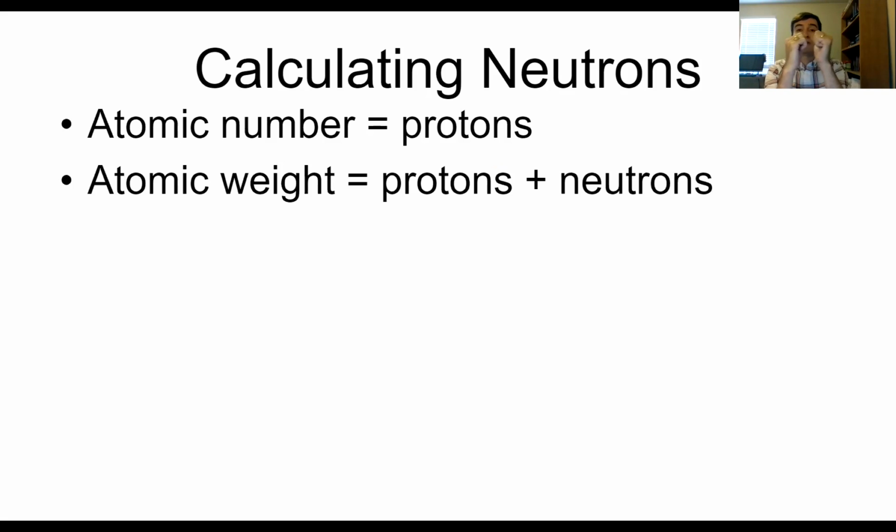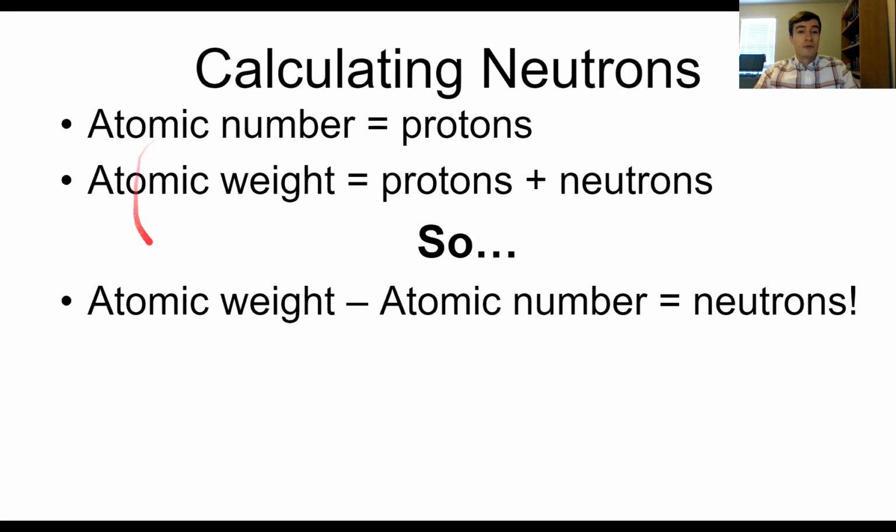If the protons and neutrons together give us our atomic weight, then if we take the protons away from that weight, we can figure out how many neutrons are in our atom. So if we do the atomic weight minus our atomic number, which again is what tells us the protons, that gives us how many neutrons are in one atom.